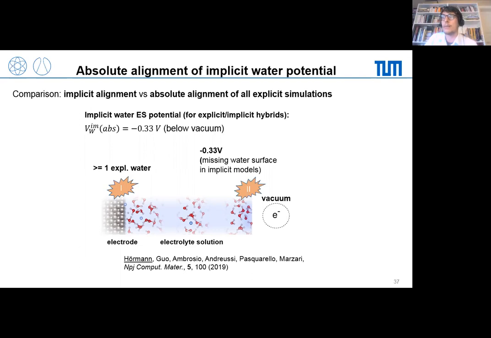What they described effectively is that the electrostatic reference shifts for different cell sizes, and at least that's how I read the paper, it also influences the total energy. So you have a total energy shift, and that makes it a bit more difficult to evaluate the energy of a charged slab in this implicit model. So you need to introduce some corrections afterwards.